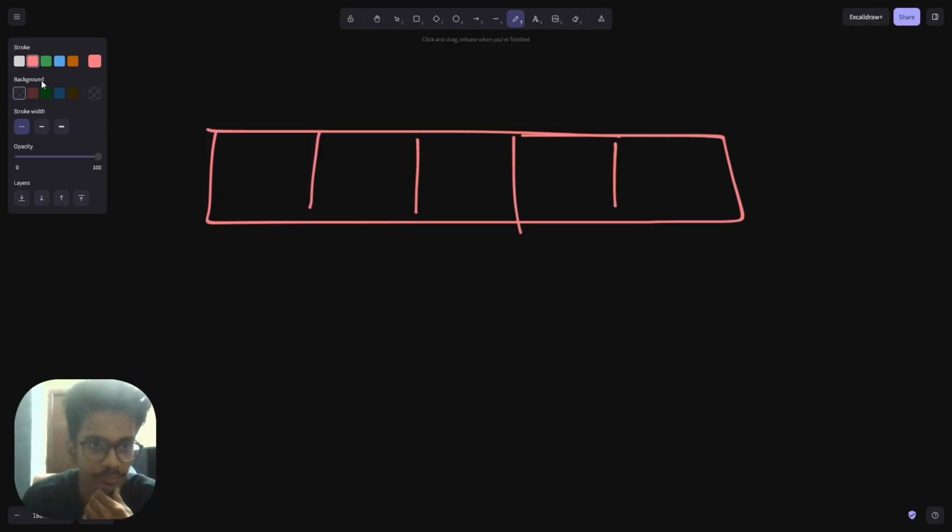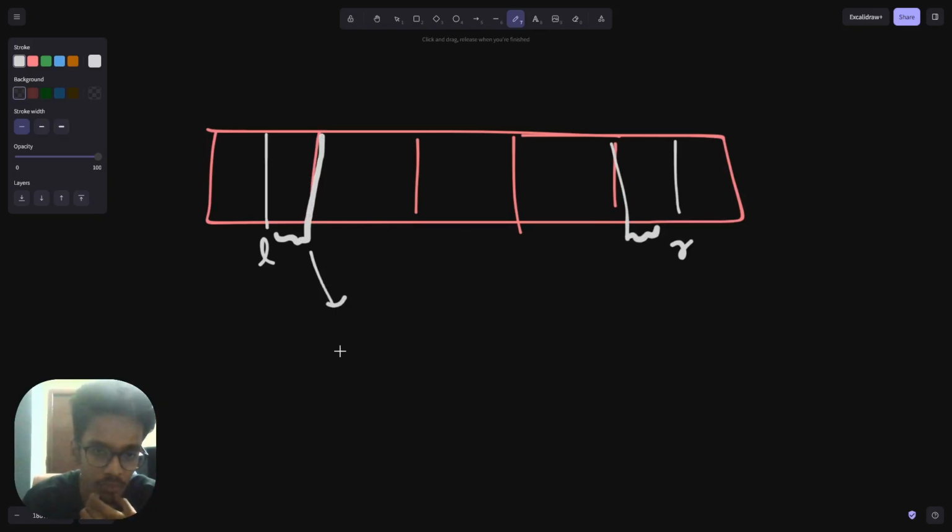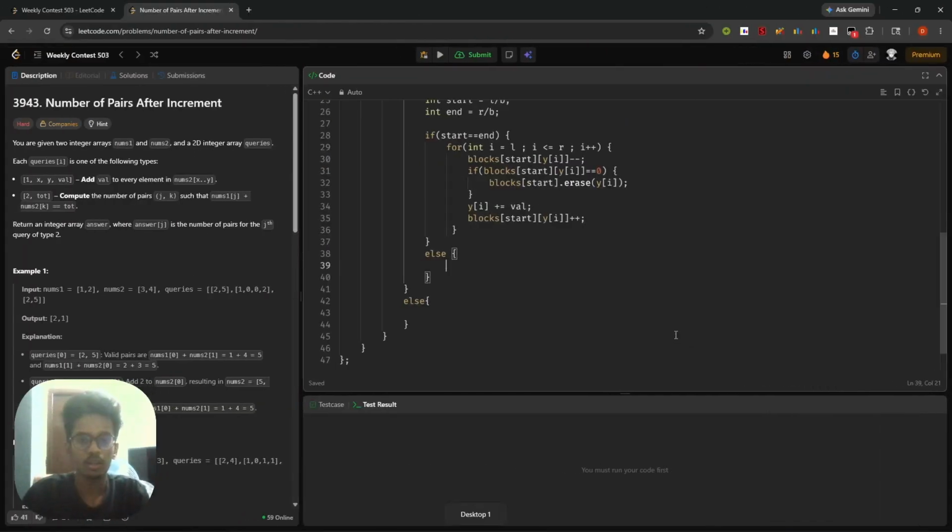Let's say L is starting from here and R is starting from here. I can do brute force till this point. So I need to figure out this point, which is the left end of this left block and the start of this right block. So I would try to compute it.